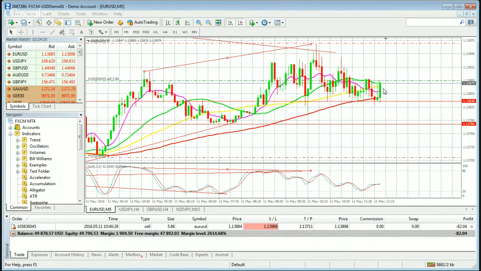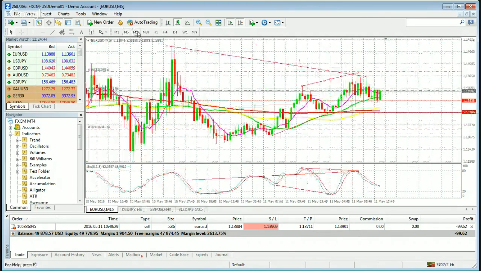Big push happening here. Like I said, it's still forcing this up. Got about 4 minutes before this candle's going to finish off. Let's check the 15.